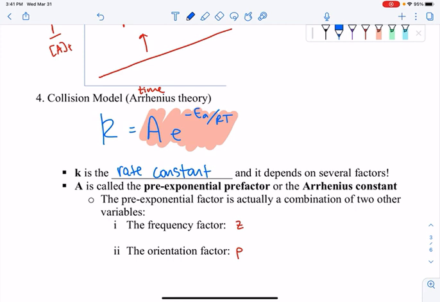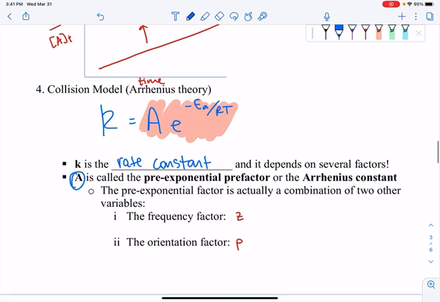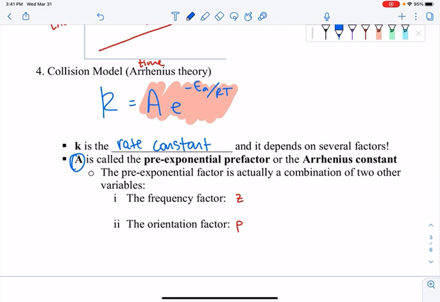That A is actually composed of several things. One of those is the frequency factor, often Z, and the orientation factor, used with a lowercase rho. You might see that later on in more advanced chemistry classes. The frequency factor deals with the frequency of collisions.